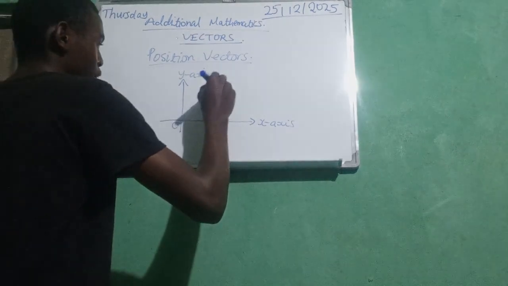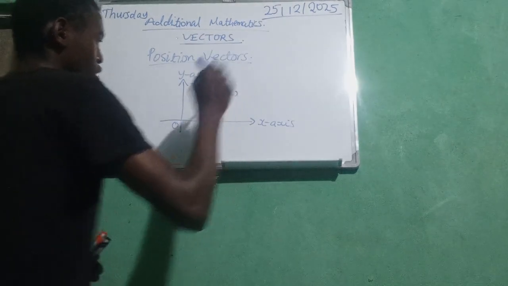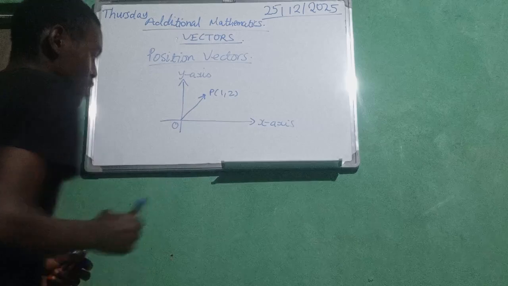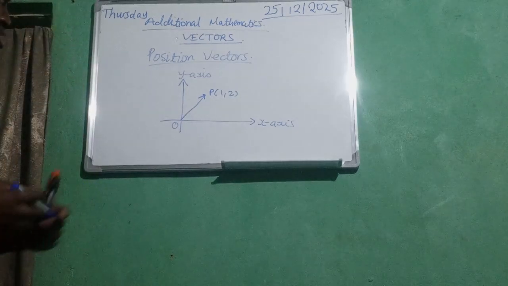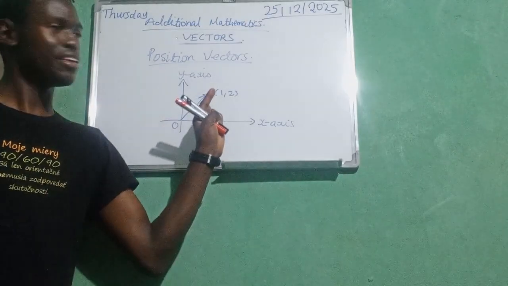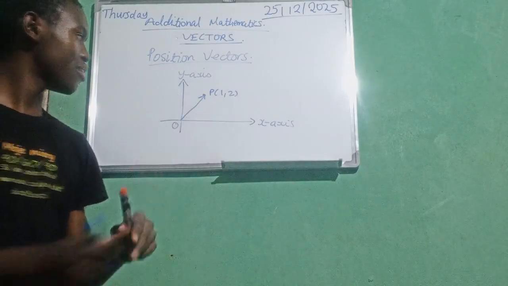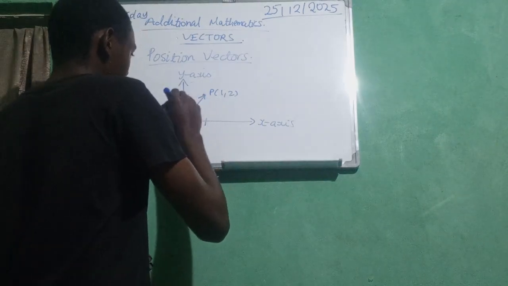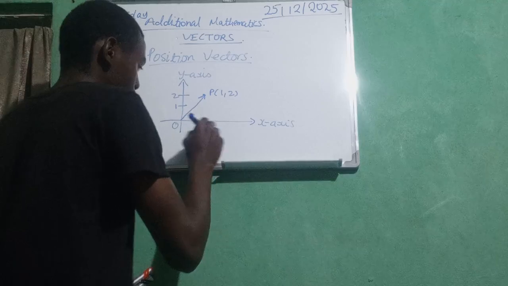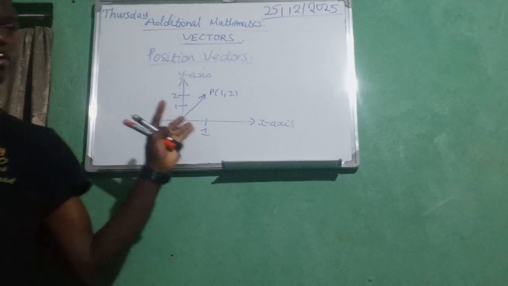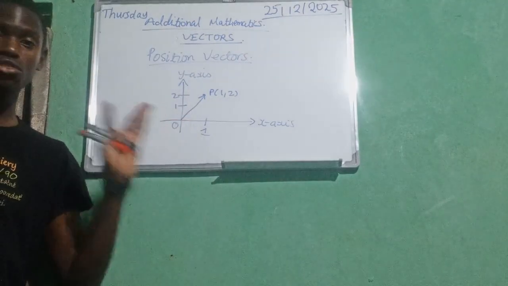So if we have a point here, point P, which is (1, 2), and then we draw a vector from O to point P, we have moved 1 there and 2 for the y. That's what we're trying to say. So a vector that is starting from the origin is called a position vector.